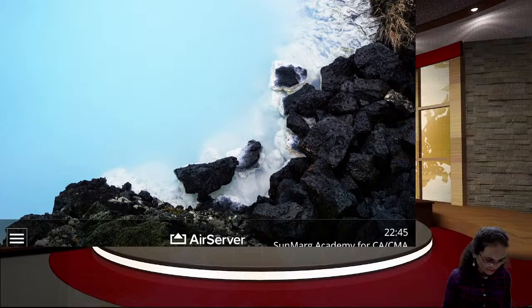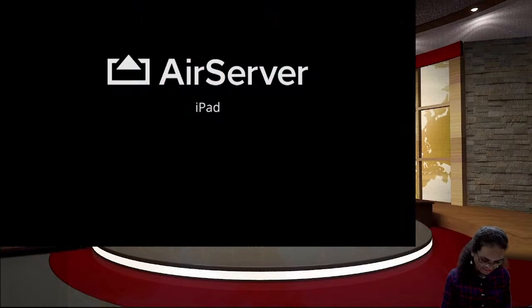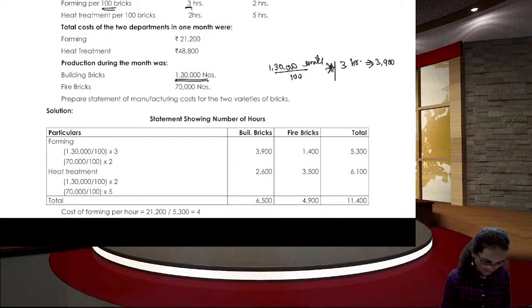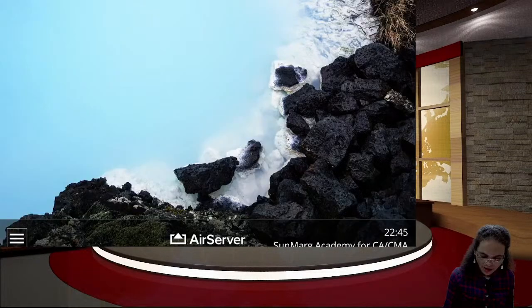So 3,900 hours we are taking for the forming. For the forming, 70,000 bricks we produced. For the 100, 2 hours are required.